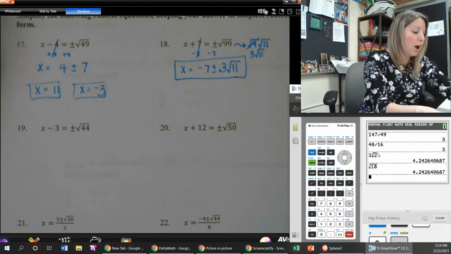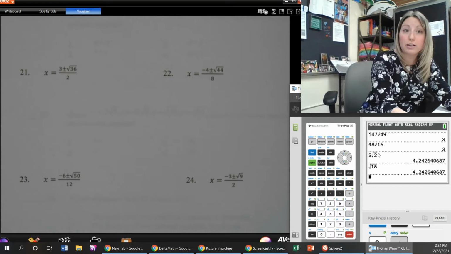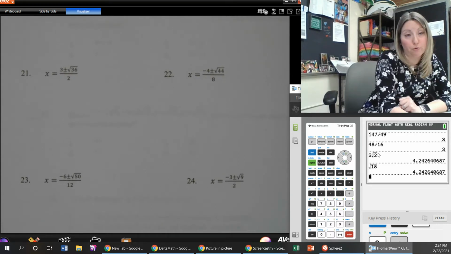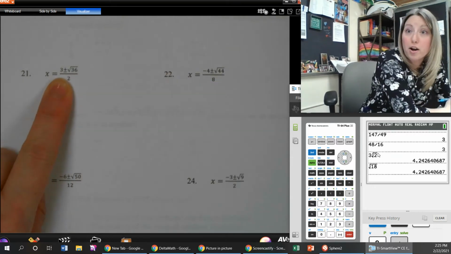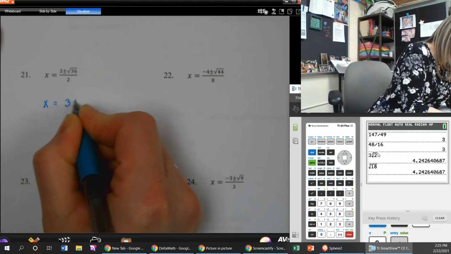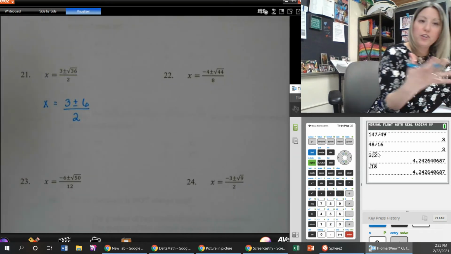Let me do some of the fractional ones. Now, in the fractional version, x is already alone, but you still have to simplify the radical yourself. So in number 21, 36 is a perfect square. Cool. Okay. So bring it down. So x equals 3 plus and minus 6 over 2. Well, let's think about what these two scenarios are.